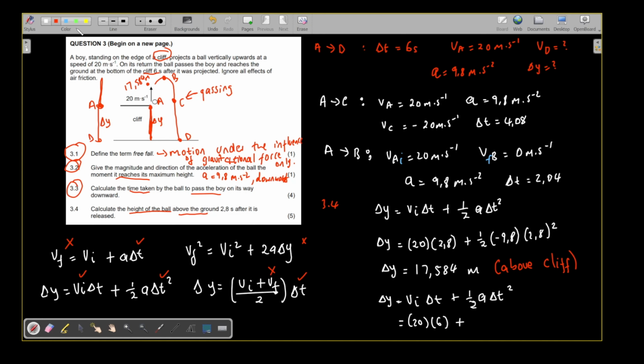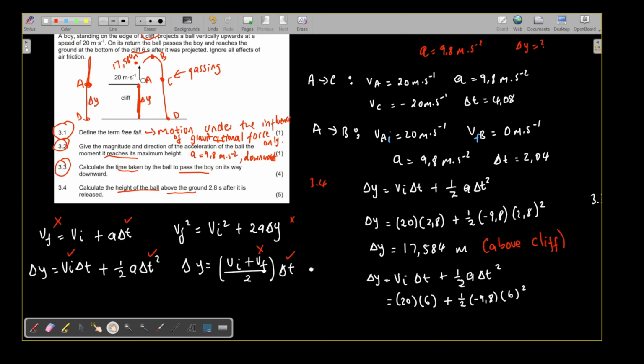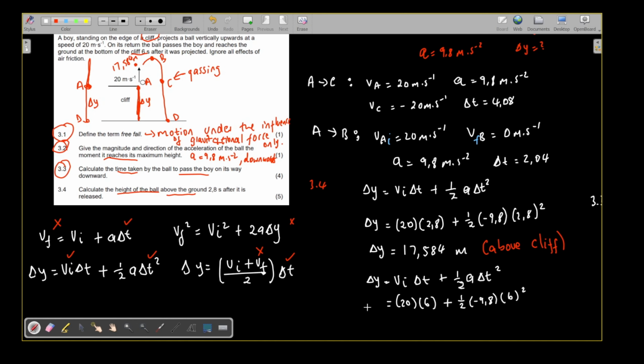Okay, so we have half, and then negative 9.8, and then the time is 6 seconds squared. So what do you get as the answer there as your change in y, meaning the height of the cliff? You get negative 56.4 meters.